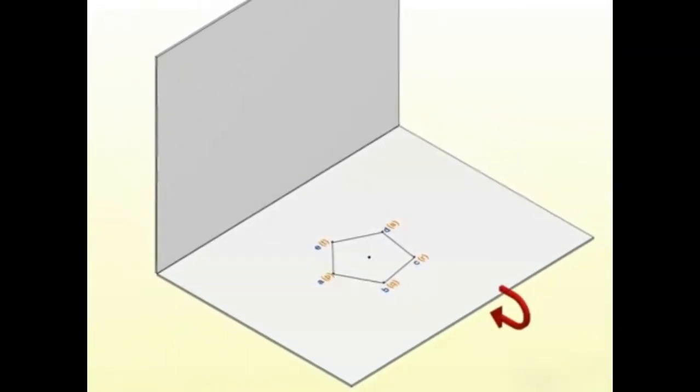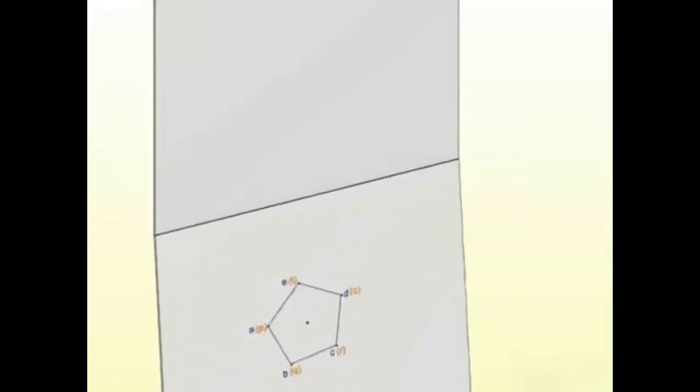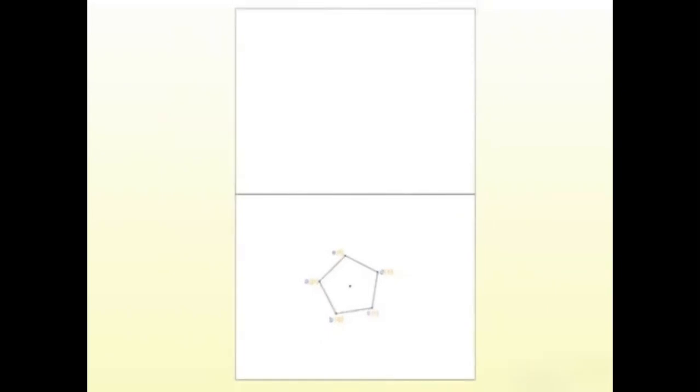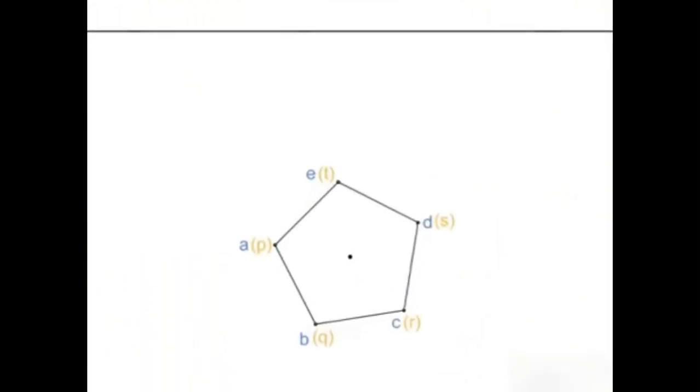Let's draw its projections. For this, first draw a horizontal reference line XY. Below the line XY, we'll draw top view, which is a pentagon with side 50 mm. Observe that top face A, B, C, D, E is visible and base P, Q, R, S, T hidden.